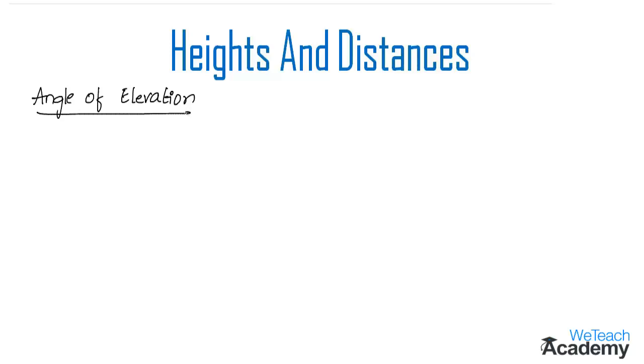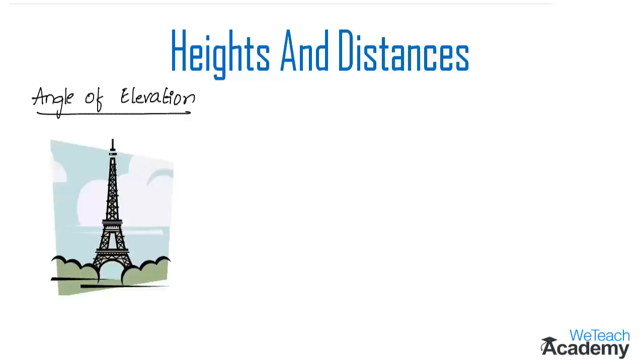Now let me explain this using a diagram. Here we have a tower. This person observes the top of the tower, which is an object at the height h. The angle which is formed between the line of sight and the horizontal line is said to be the angle of elevation.